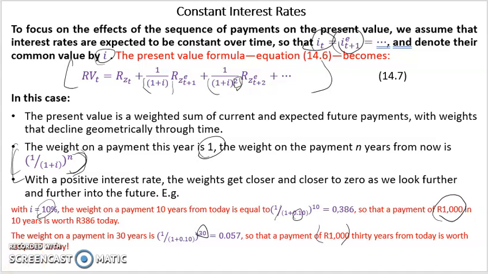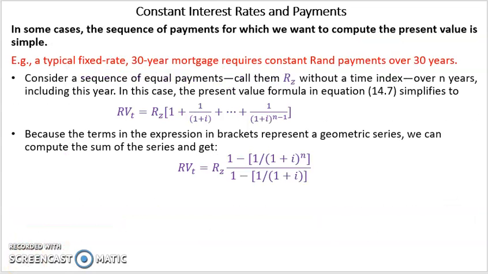Okay, so what about the case where there are a constant interest rate and constant payment together? In some cases, the sequence of payments for which we want to compute the present value is quite simple. For example, a typical fixed rate 30-year mortgage requires a constant payment over 30 years.